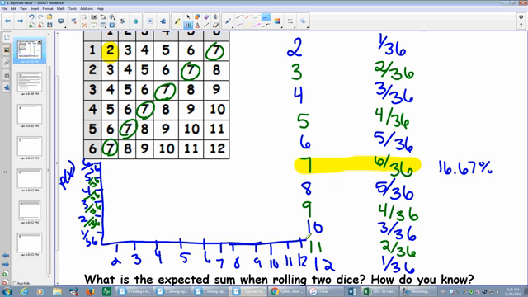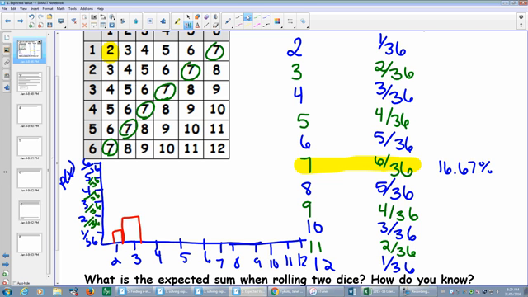And what you'll find when you sketch this graph, I'm going to do a histogram. When I have 2, I had a 1 out of 36. My 3, I had a 2 out of 36. This is really bad, because just remember, they're all supposed to be even lengths.